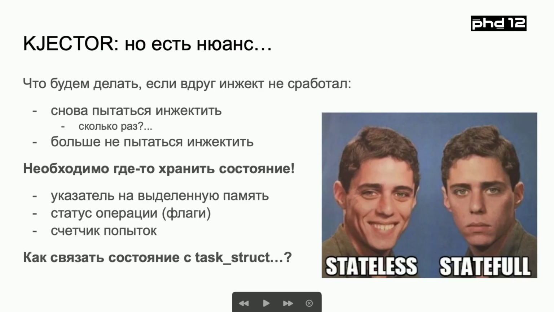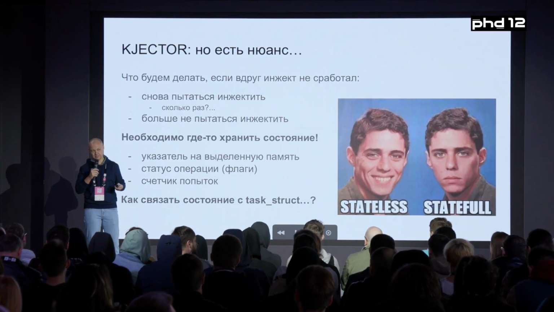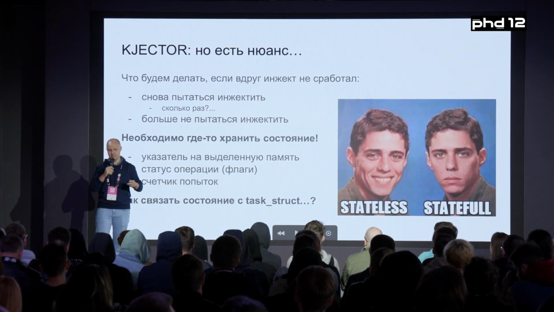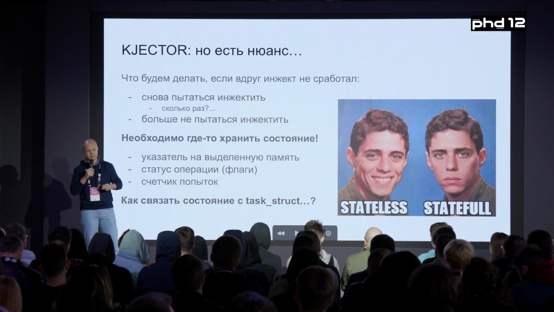What are we going to do, however, if the code we have injected does not get triggered, does not get executed? We won't know why. What needs to be done? There are different options here. For example, we can inject again. Like, how many times should we try before we decide something has gone wrong?